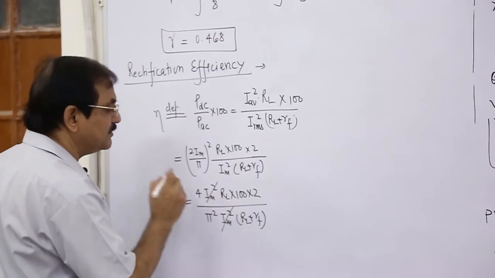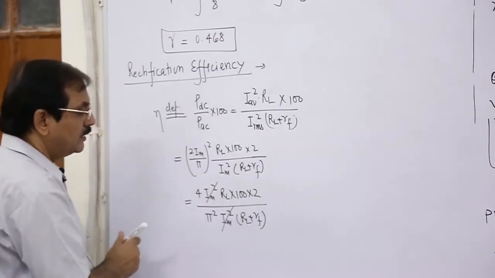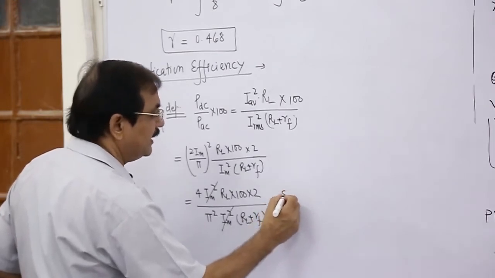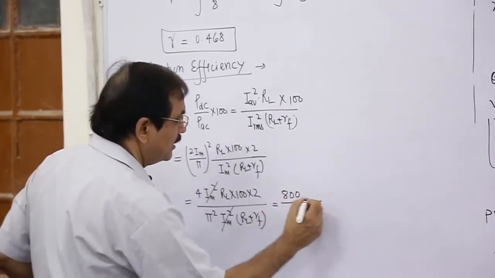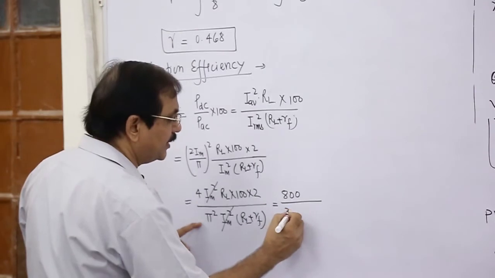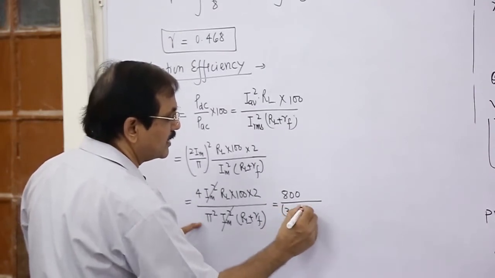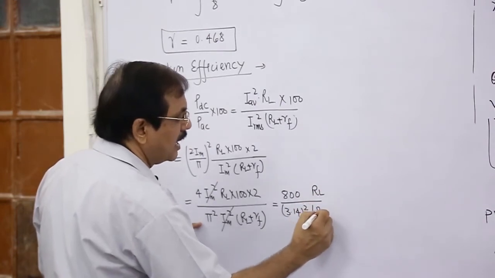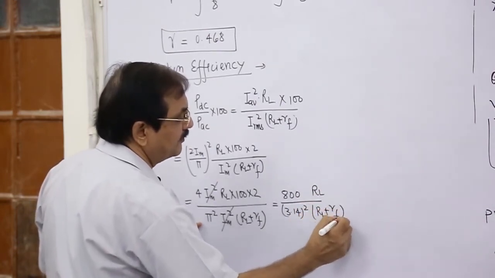So, Im square cancels, and 4 into 2 into 100 is 800, with pi as 3.14 whole square, and RL upon RL plus RF.